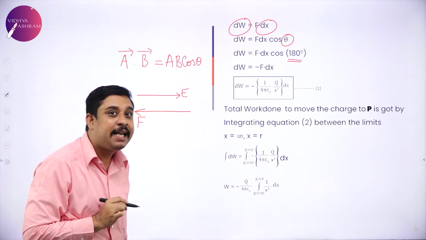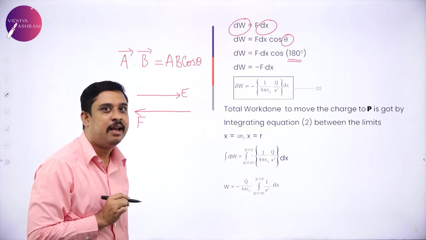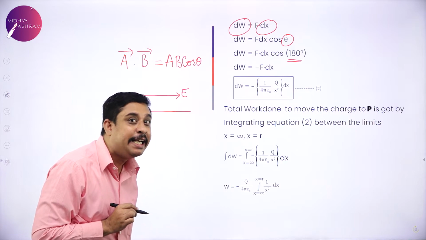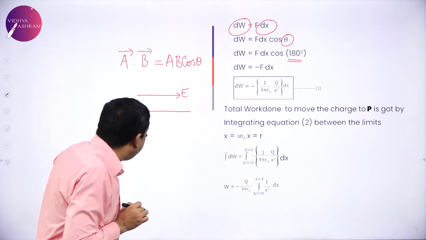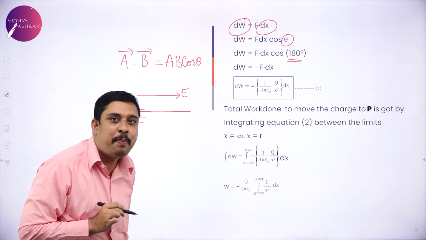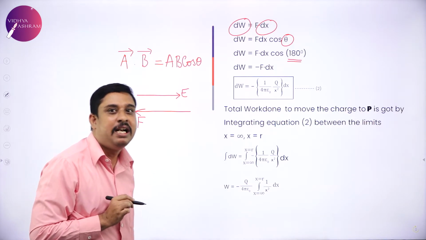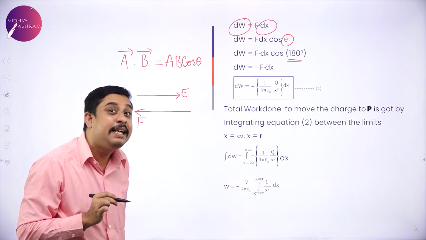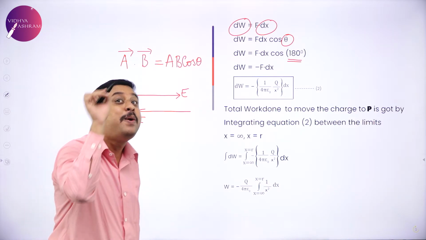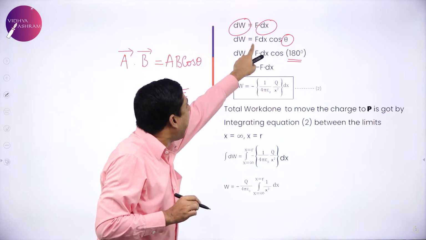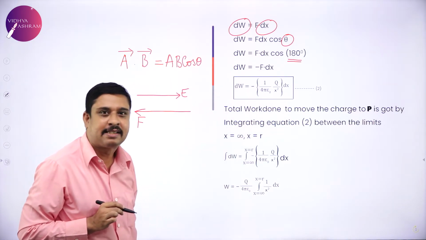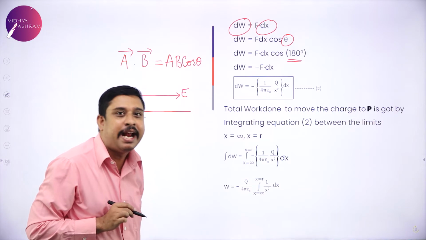If they were acting in the same direction and parallel, theta was 0. Here they are parallel but acting opposite, anti-parallel. What is theta? The angle between F and dx. Why is it 180?